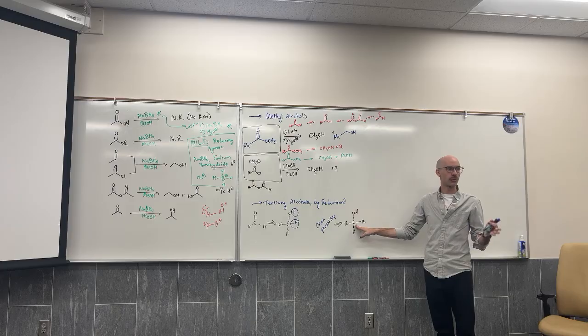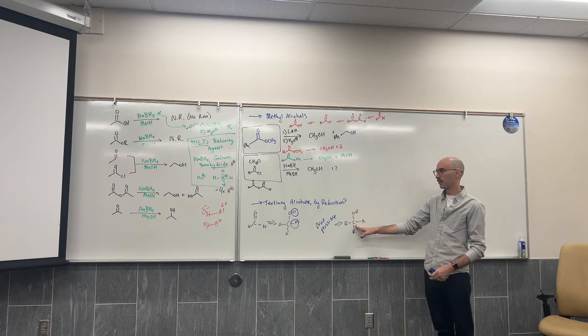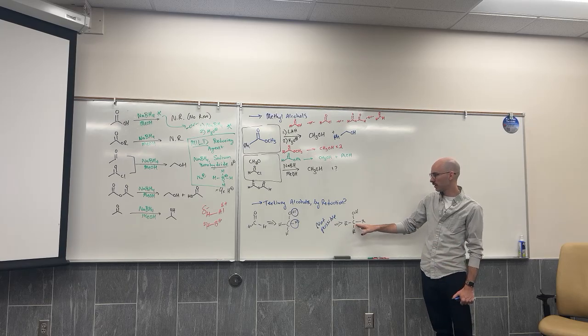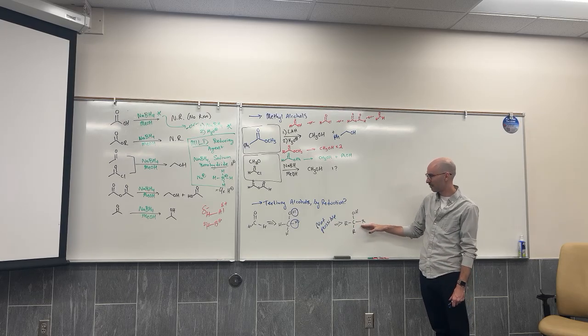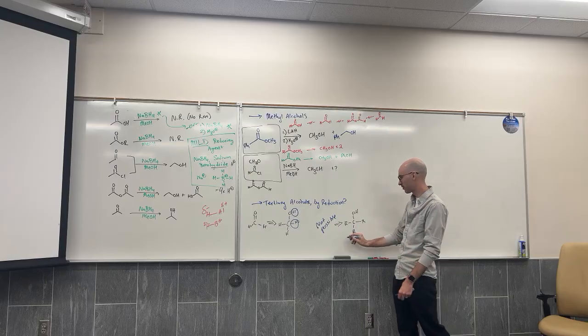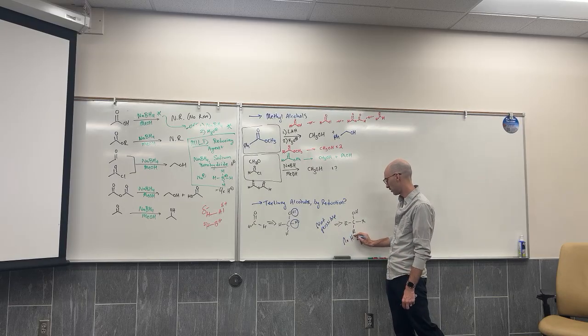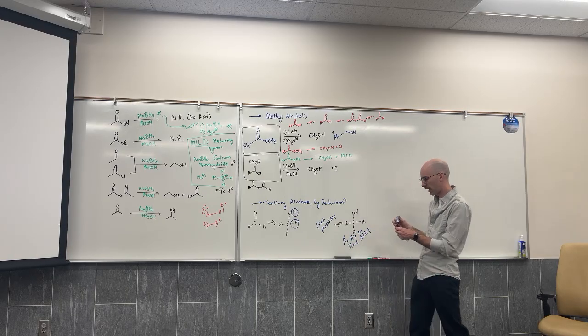So I can't reduce to a tertiary alcohol, not with sodium borohydride, not with aluminum hydride, because there's no hydrogen bonded there. There's no hydrogens to have added.